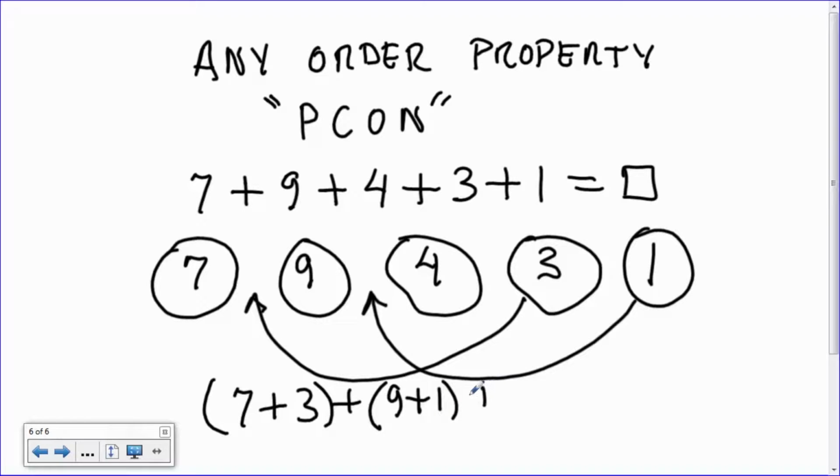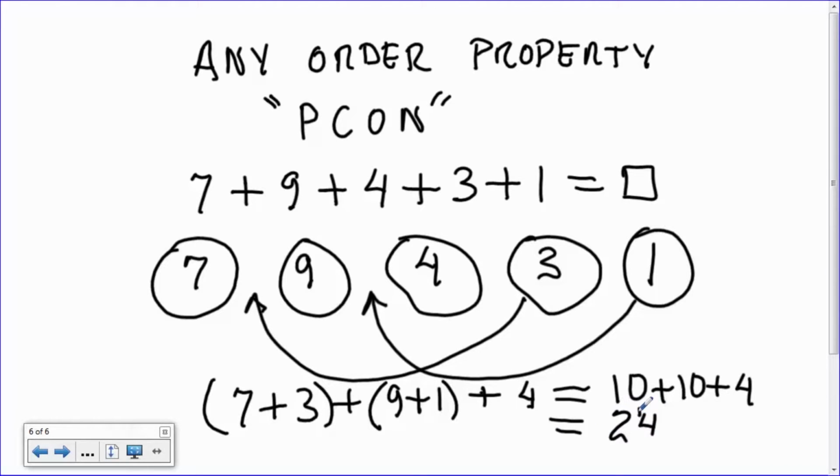And finally, I've got the 4 set all by itself. So I put the 2 groups of objects, one with 7 and one with 3, together. I put the 2 groups, one with 9 and one with 1, together, and I left 4 by itself. But what this does is make this a combination, it's 10. This is a combination, it's 10. So I've got 2 groups of 10 finally added to 4. And of course, that quickly seemed to be 24.